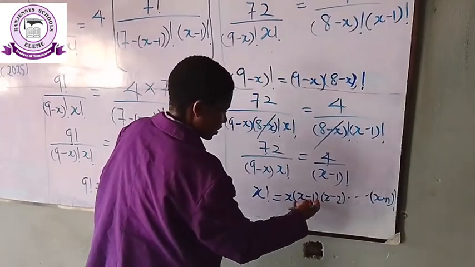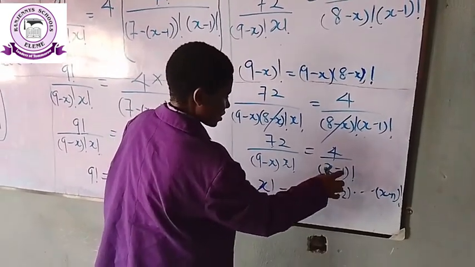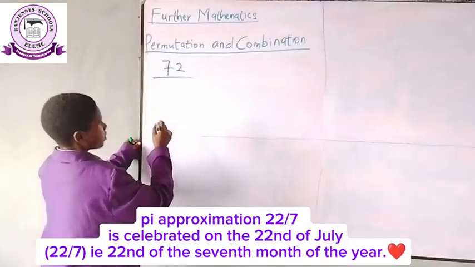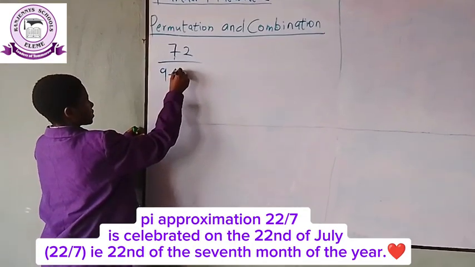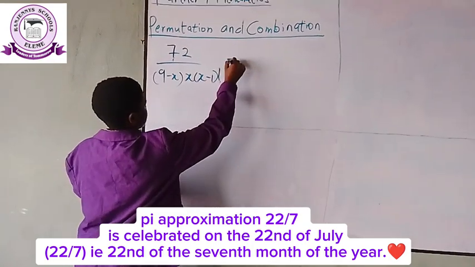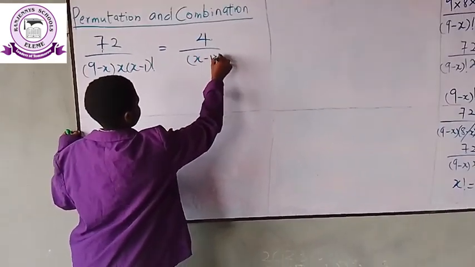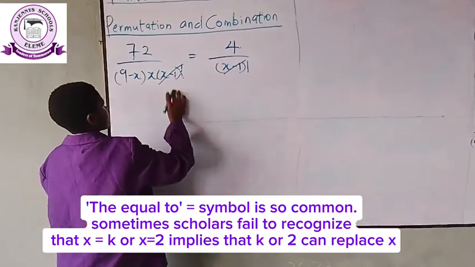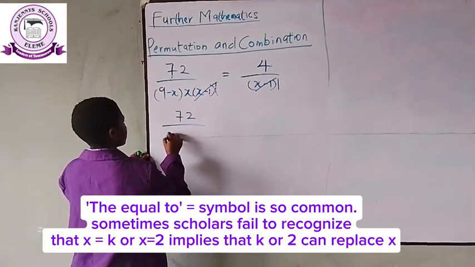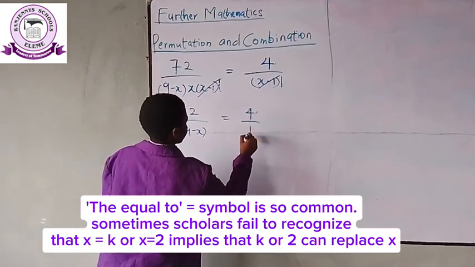So I'm going to put this factorial into this to eliminate this. 72 all over 9 minus x times x minus 1 factorial equals 4 over x minus 1 factorial. This and this cancel themselves away. 72 over x times 9 minus x equals 4 over 1.